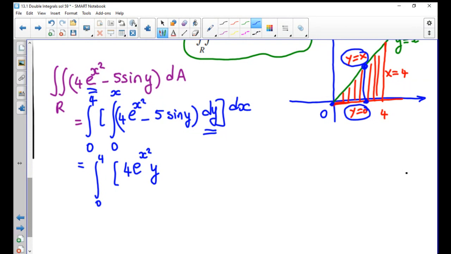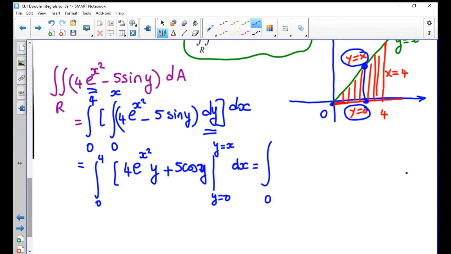And then the integral of sine y is plus 5 cosine y, from y equals 0 to y equals x, dx.